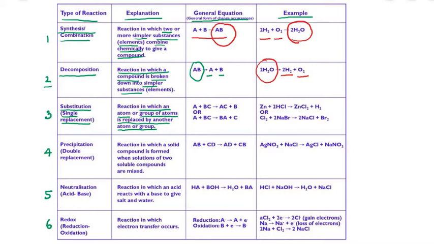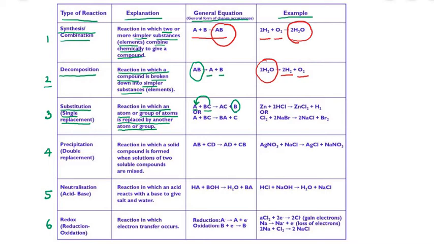In the generalized equation, A is an element and the other compound is BC. When the reaction takes place, C is substituted, so C is accompanied with A and B is eliminated as an individual element, right?